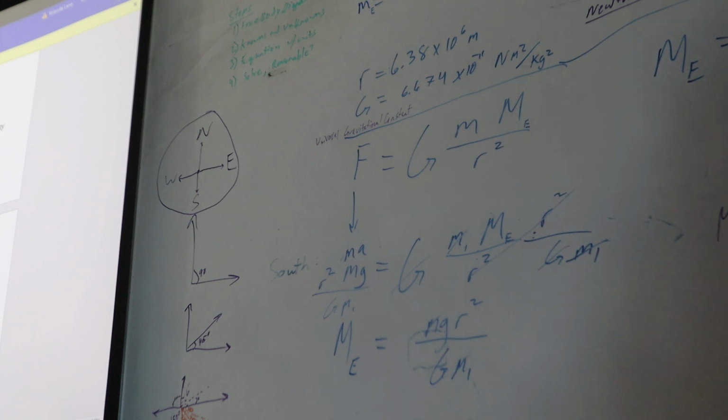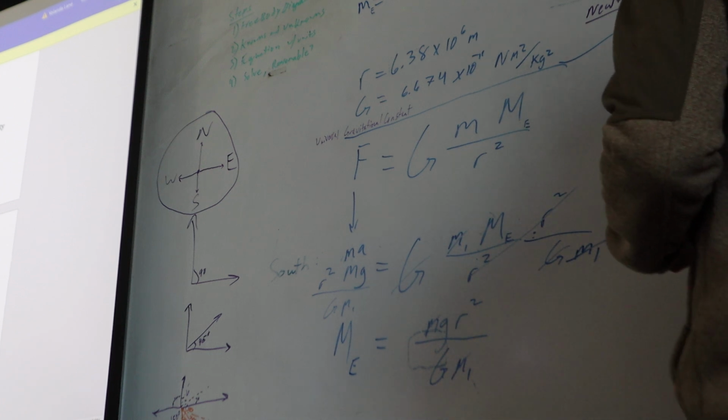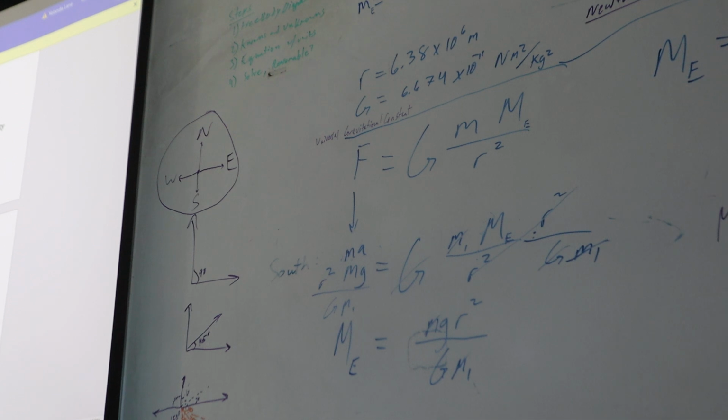Oh, that's why. I knew there was something wrong with that. I keep forgetting to square this. I knew I forgot the square because 7 divided by negative 11 didn't equal.